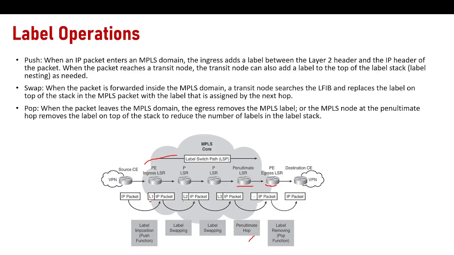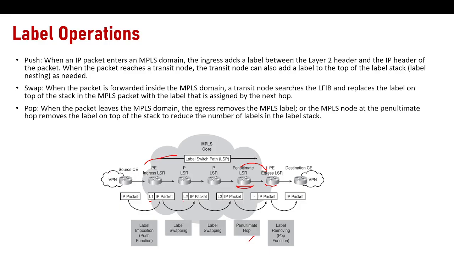Penultimate hop, of course, is the second last hop. You can see in this setup that this router will be the penultimate hop. If this router just removes the topmost label and forwards this packet to the egress LSR, the egress LSR will have to perform two actions: remove the topmost label, and again do the IP table lookup.